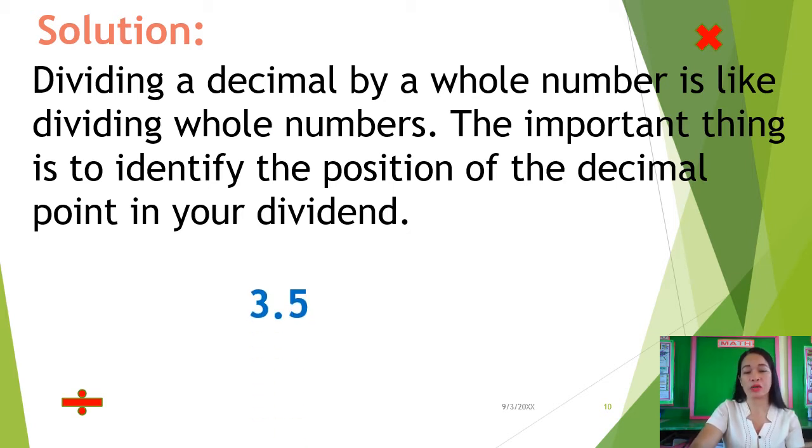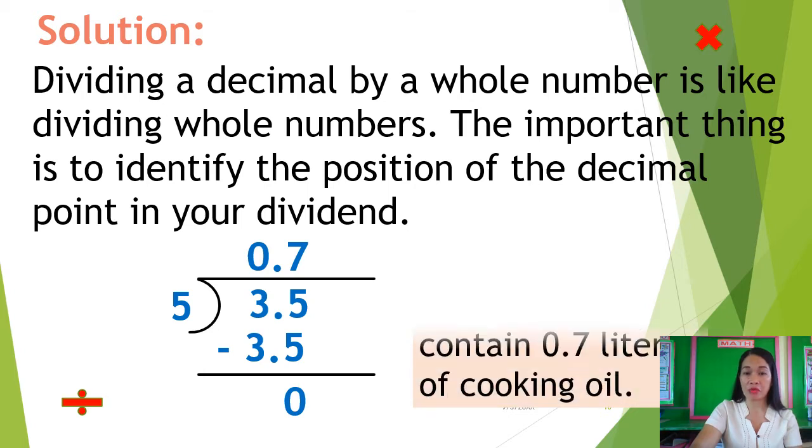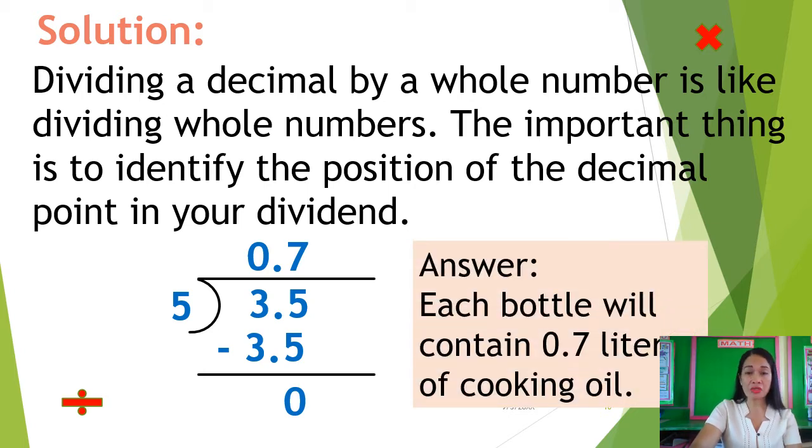Okay, like this one. 3.5 divided by 5 equals 0.7. So 0.7 times 5 equals 3.5. So 3.5 minus 3.5 equals 0. So the answer is each bottle will contain 0.7 liters of cooking oil.